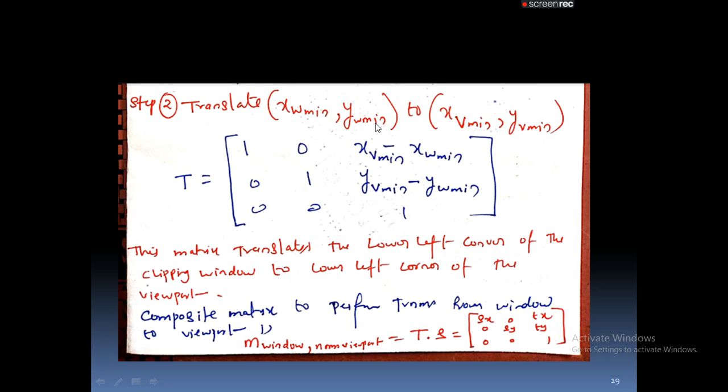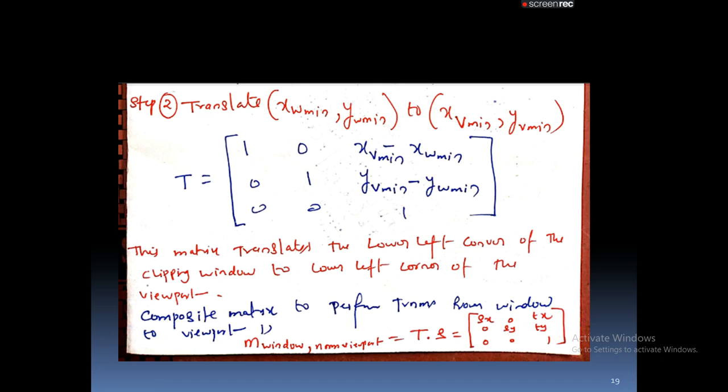That means we need to translate the origin of the clipping window to the origin of the viewport. This is a very important step. Here the relative position concept applies. In step 2 we are translating the origin of the clipping window to the origin of the viewport. Then we need the translation matrix, and we know how to generate the translation matrix also.